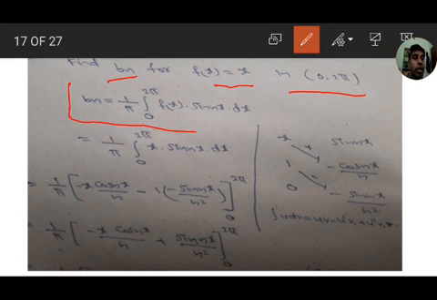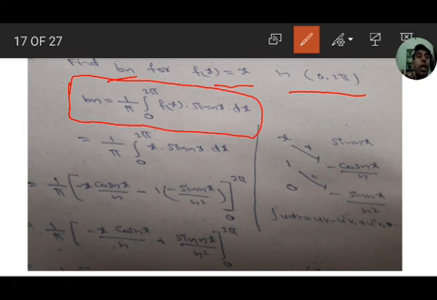Bn formula: 1 by pi integration 0 to 2 pi f of x into sin nx dx. Substitute f of x value, so 1 by pi into integration 0 to 2 pi x into sin nx dx.